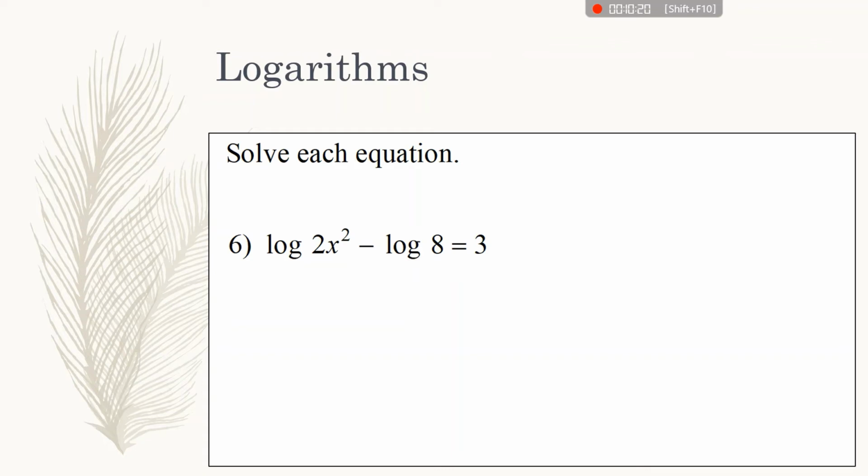So because I'm subtracting, I should, I mean, divide. Okay, so 2x squared over 8. Then I can rewrite this using my definition of a logarithm. Anytime you don't see a base, by the way, you can assume that log is base 10. If you see an ln, you can assume that's log base e.